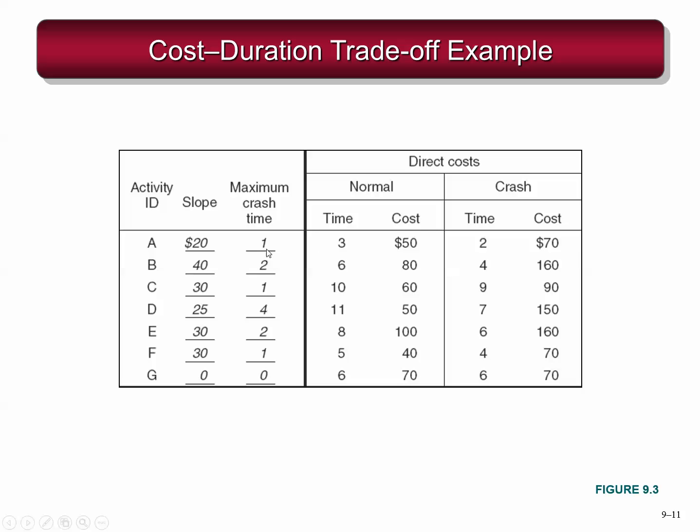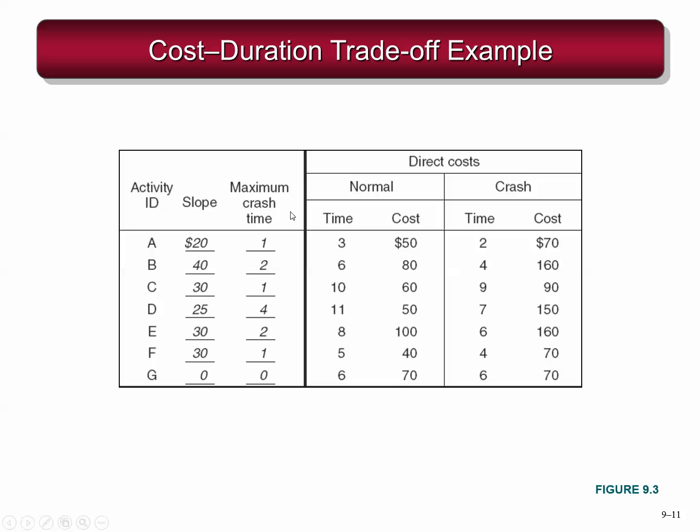So this shows in activity A, you've reduced your duration by 1 unit because you went from time 3 to time 2. And since the slope, the cost per unit time, is $20, you have added $20 to the total cost.